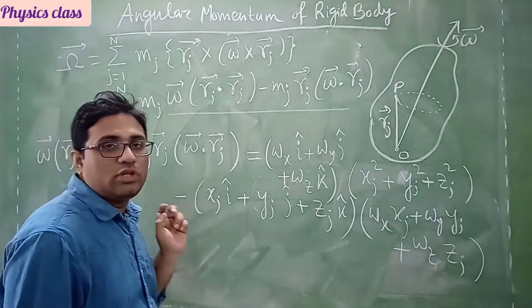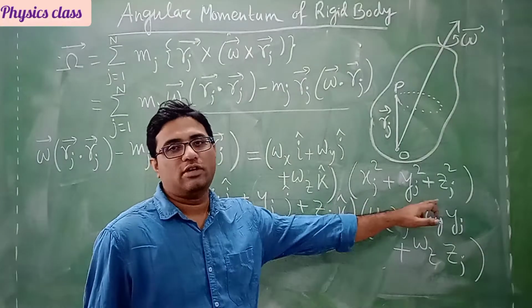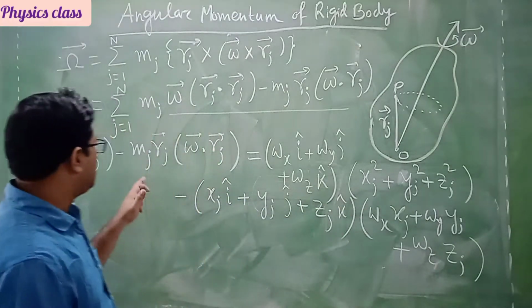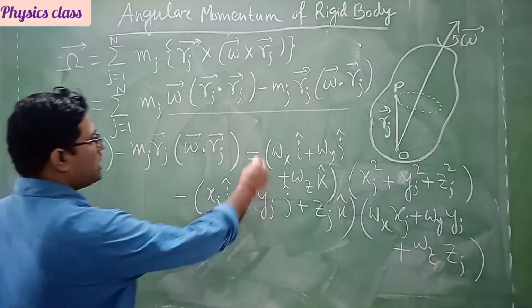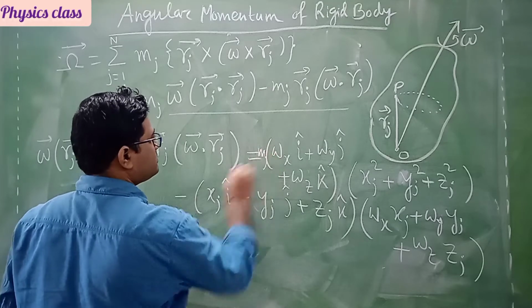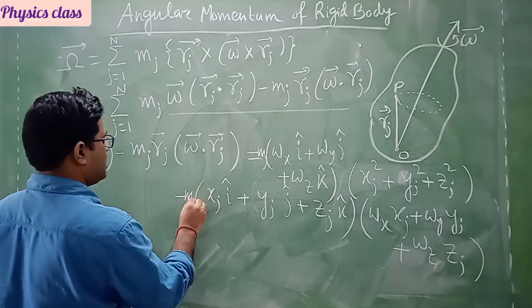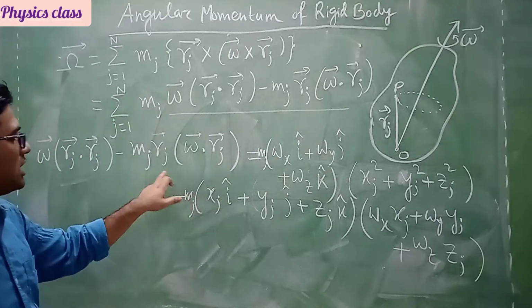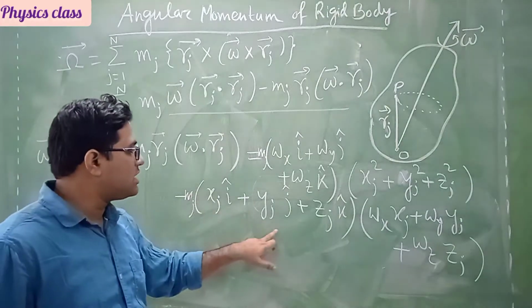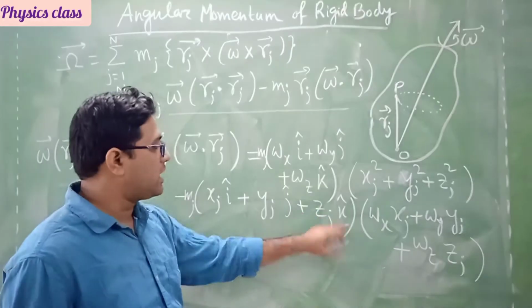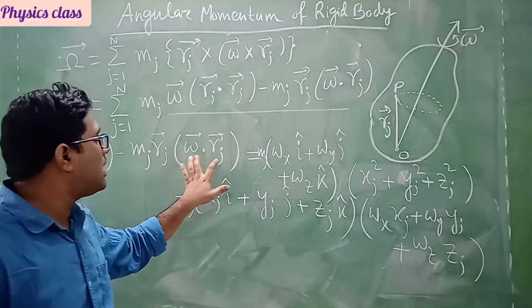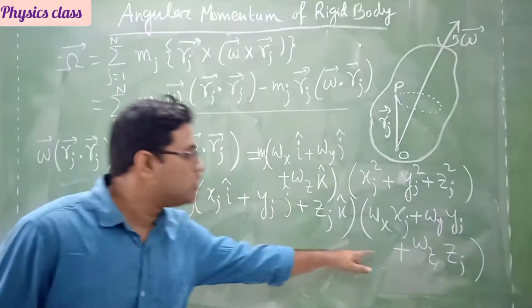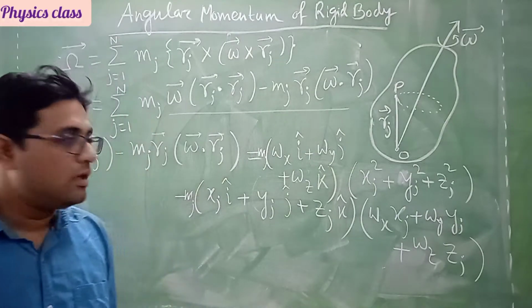So if we do the dot product, it will give us this. Now here we are writing mj here and mj here. So Rj is xj i cap plus yj j cap plus zj k cap. Then if we do the dot product of omega and Rj, then we will get this.